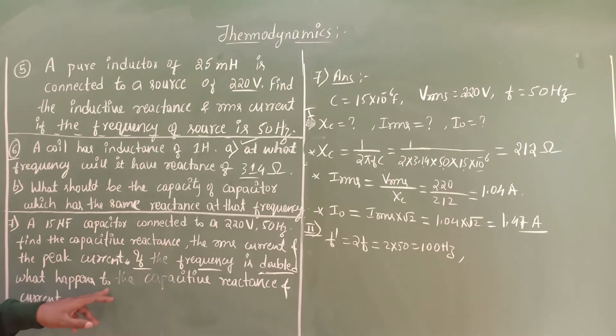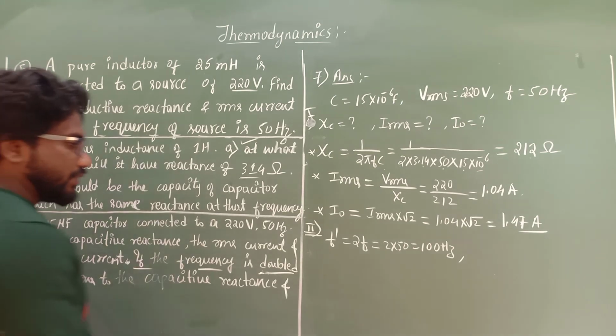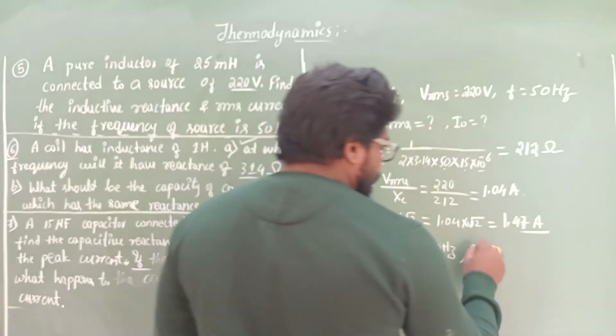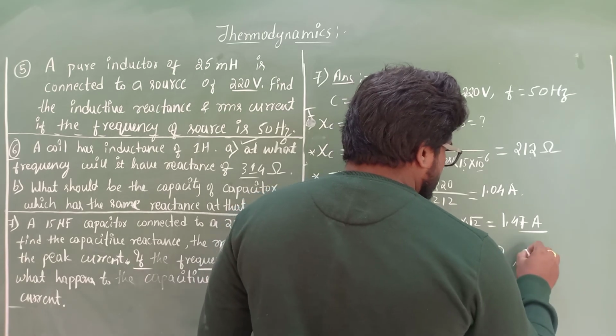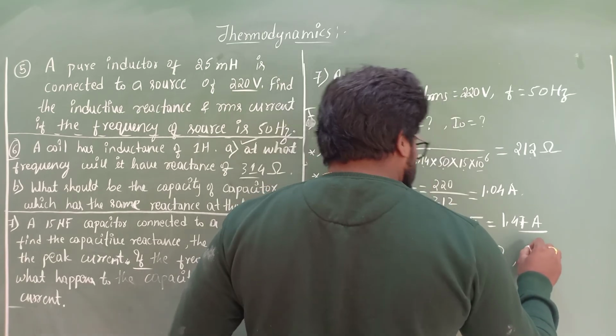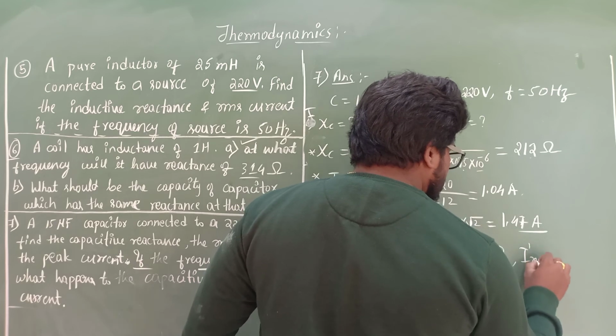What happens to the capacitive reactance and current? Here they didn't ask for the peak value of current, so only IRMS you need to find. That means you need to find X dash C and the current I dash RMS.